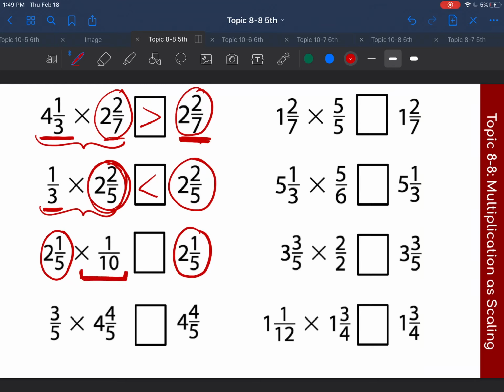If it's a mixed number, then it's going to be greater. If it's a fraction, then when you're multiplying by a fraction, you're splitting it up into different sections, so it's always going to be smaller. So for this example, we're multiplying by 1/10, which is a fraction. So this product is going to be less than what we started with, which was 2 1/5.